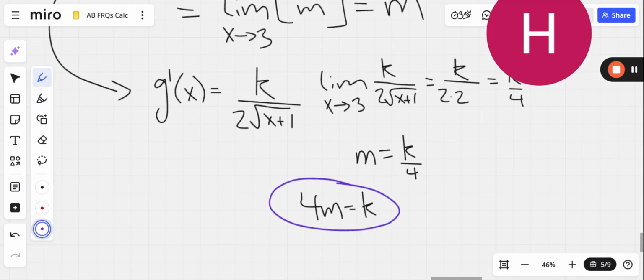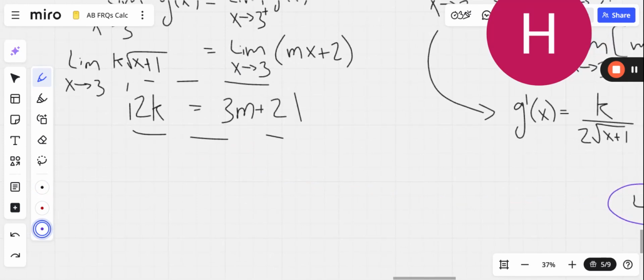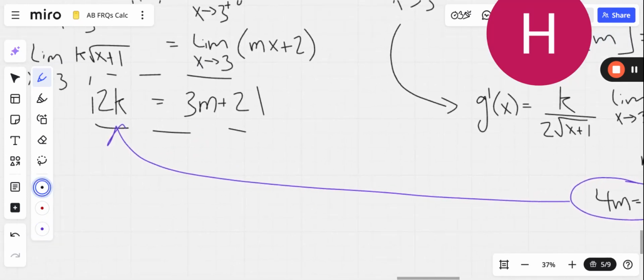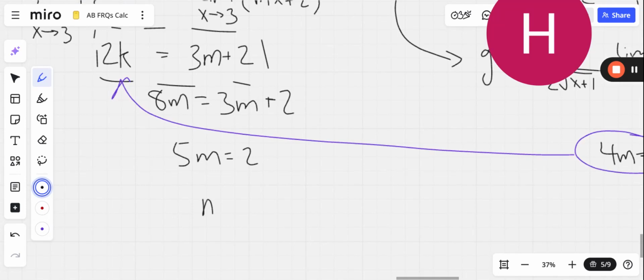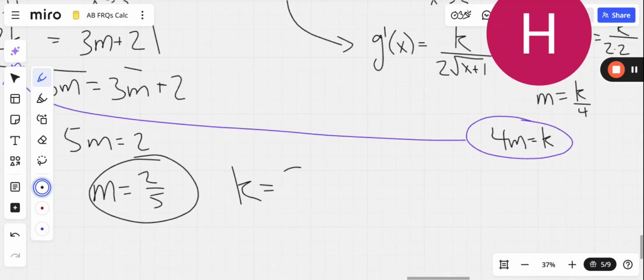Now it's time to use this fact and plug it into our model over here. That means that 2 times 4m, which is 8m, is equal to 3m plus 2. And that means that 5m is equal to 2. So m equals 2 over 5, which means that k equals 8 over 5, because 4 times that.